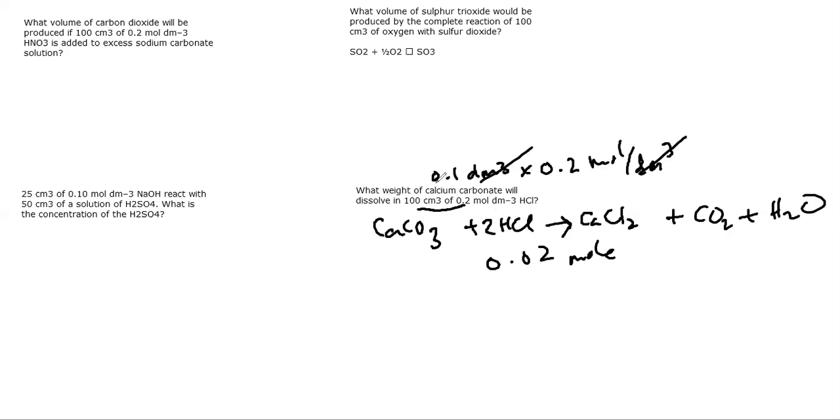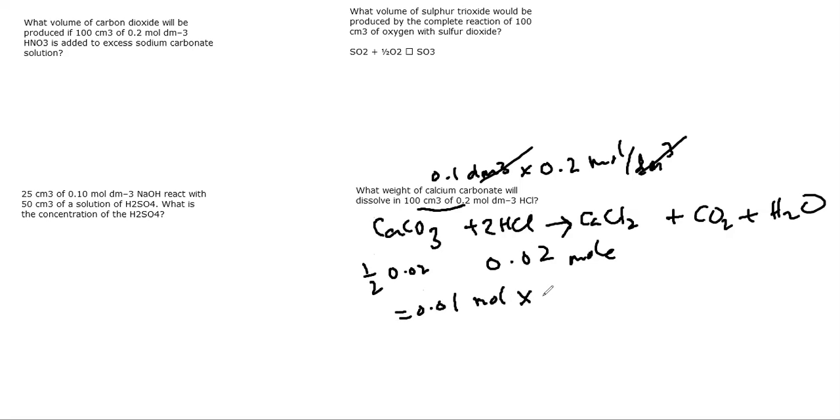You need to find the mass of calcium carbonate. For 2 HCl, you have 0.02. For 1, it means you have half. So half of 0.02 is 0.01 mole.